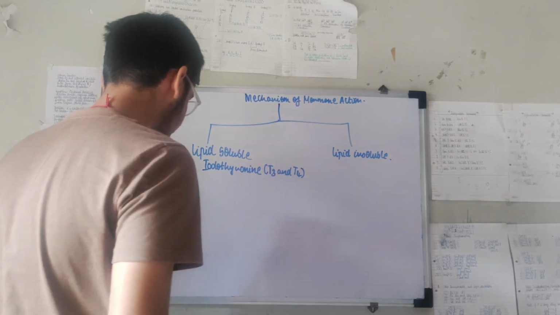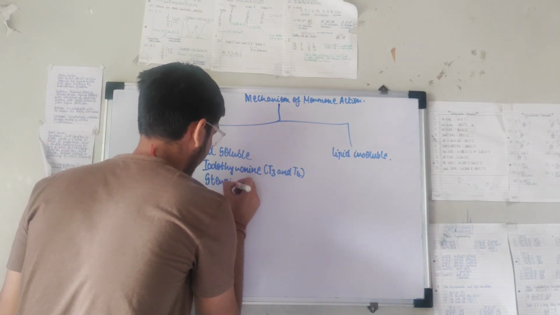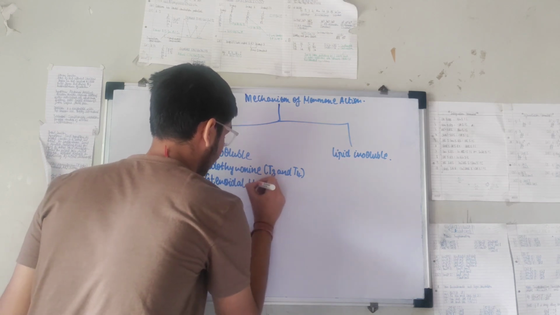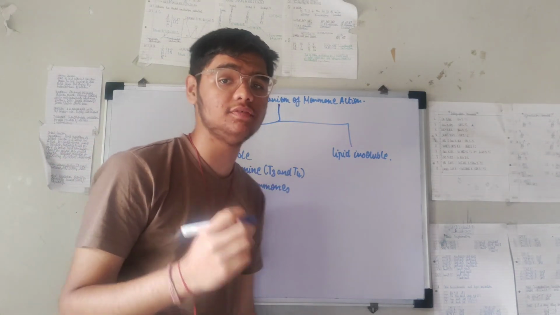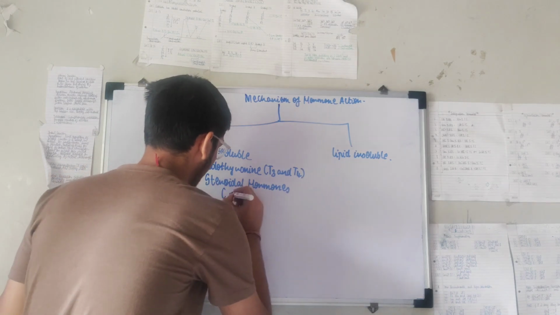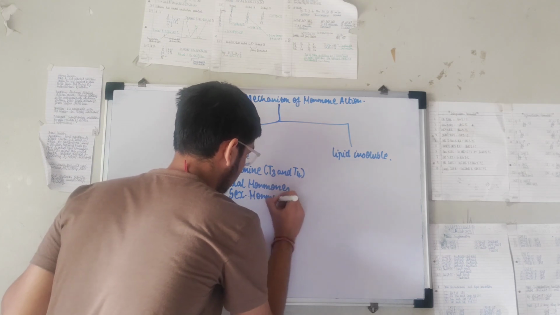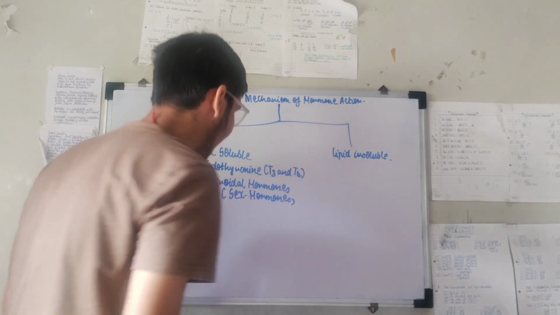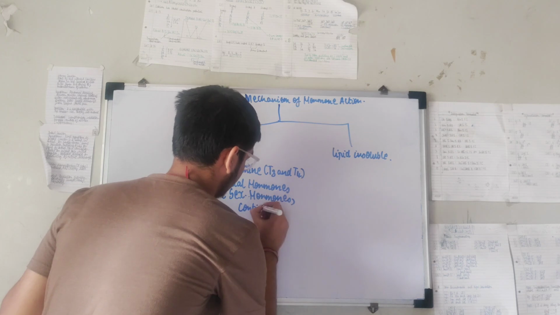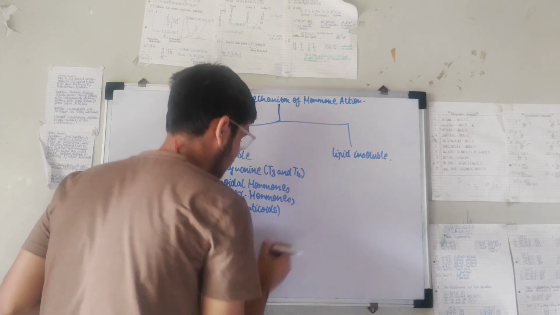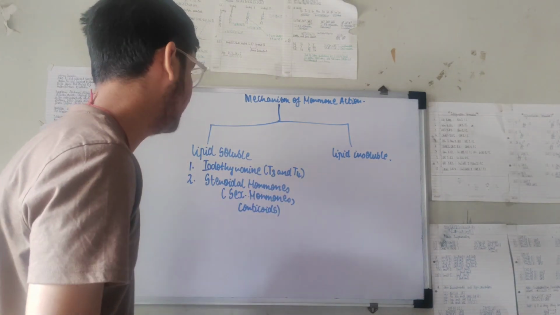Second is steroidal hormones, which are steroid derivatives. First we have all sex hormones, which are testosterone, estrogen and progesterone, and all corticoids. Corticoids include mineralocorticoid, glucocorticoid and sex corticoids. So this comes under lipid soluble.